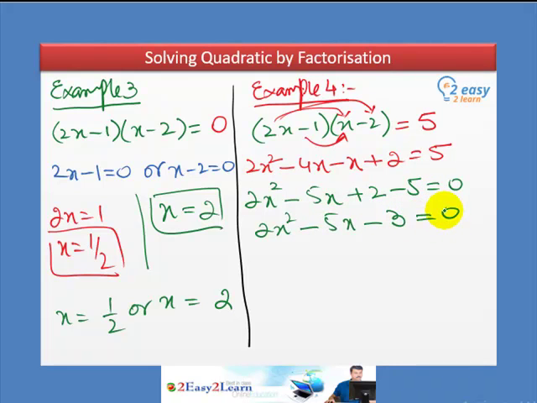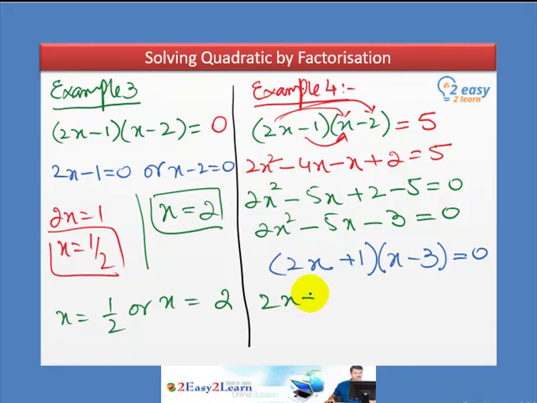Now this is a quadratic equation. Now factorize it. Once you factorize it, you will get, after doing it by yourself, the factors 2x plus 1 and x minus 3 is equal to 0. Now these two factors are equal to 0. Equate them one by one to 0.